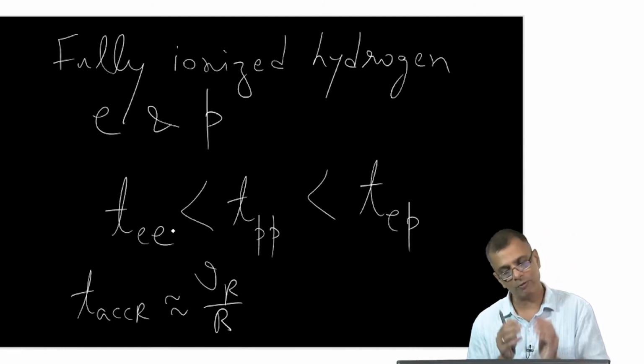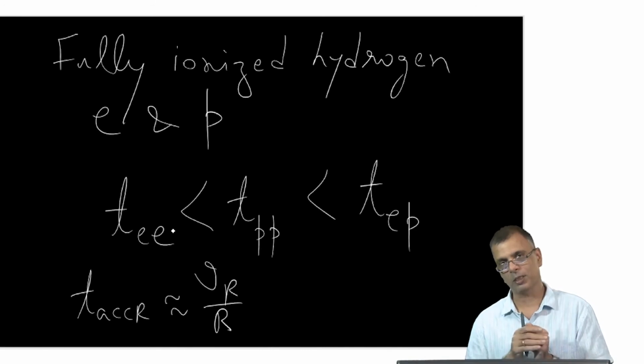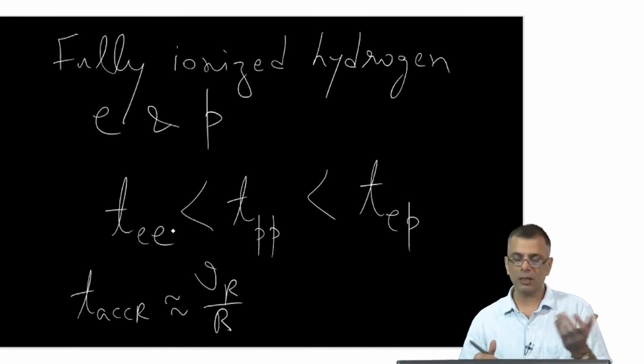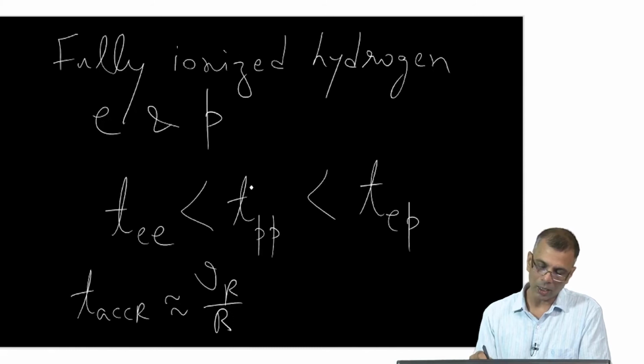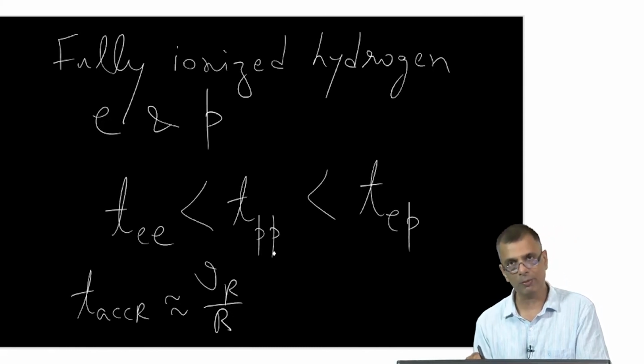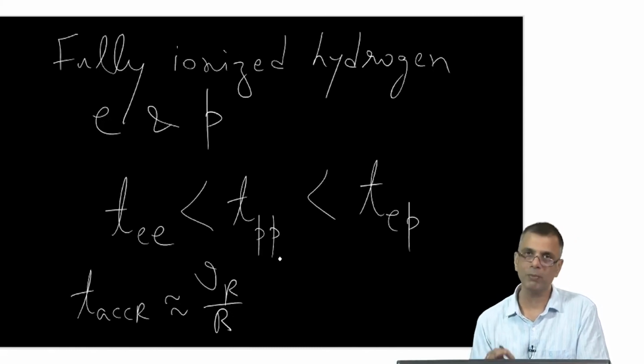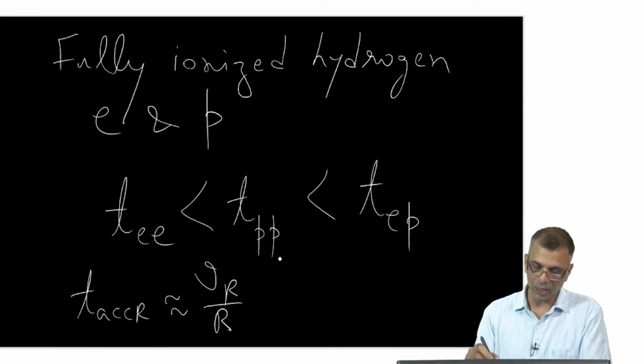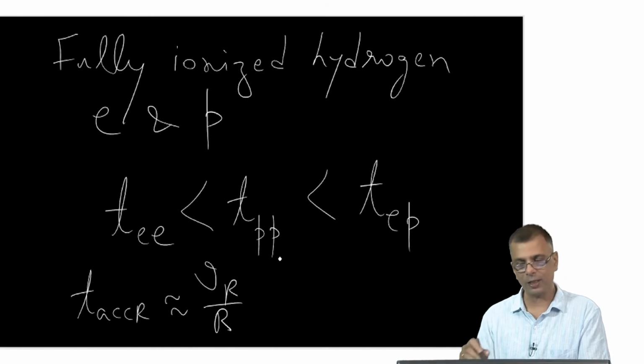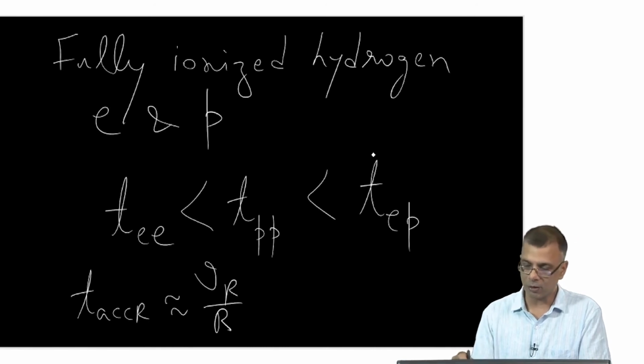So there is a well defined electron temperature. There might be enough time for the protons to equilibrate among each other. Maybe, may not be, that's not always the case. This is not clear. But definitely there is not enough time for the electrons and protons to equilibrate amongst each other.